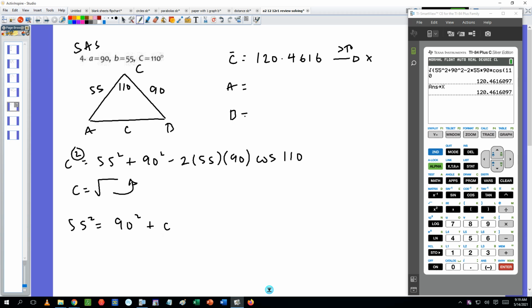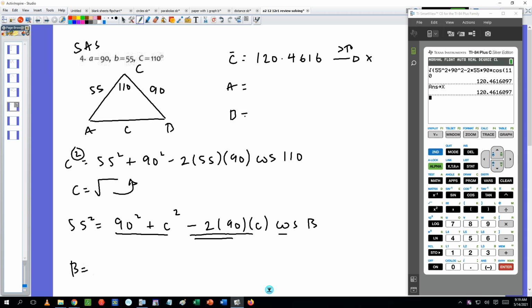I have C stored on my calculator. Minus 2 times the 90 and the C that is stored on my calculator, times the cosine of the angle that started it, and 55 was across from angle B. So to get that B by itself, I'm going to take my 90 squared and my 120 point squared, subtract them. I'm going to divide by these three things, and I'm going to do an inverse of that word.